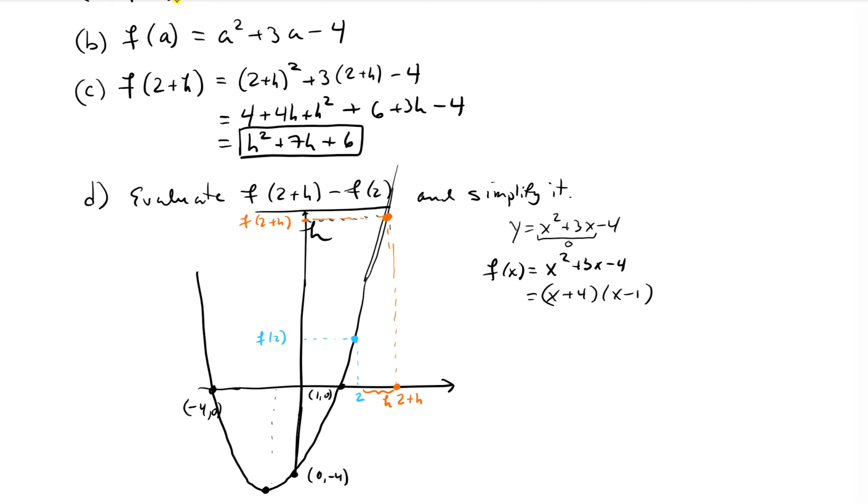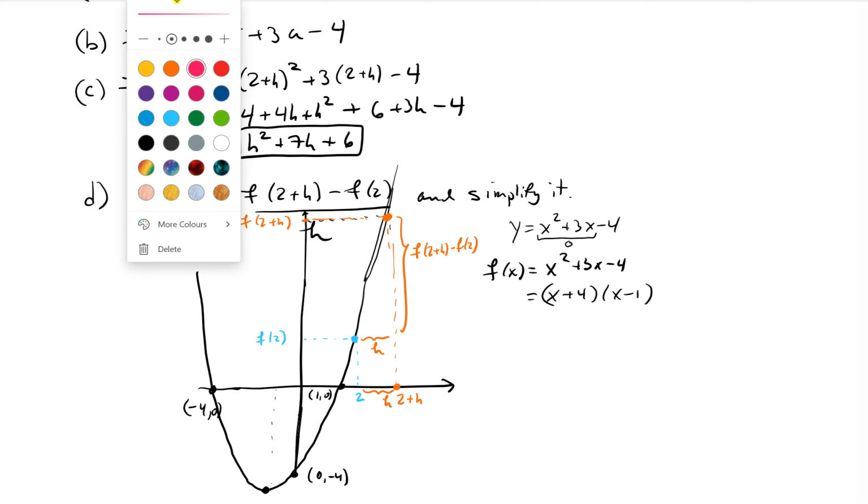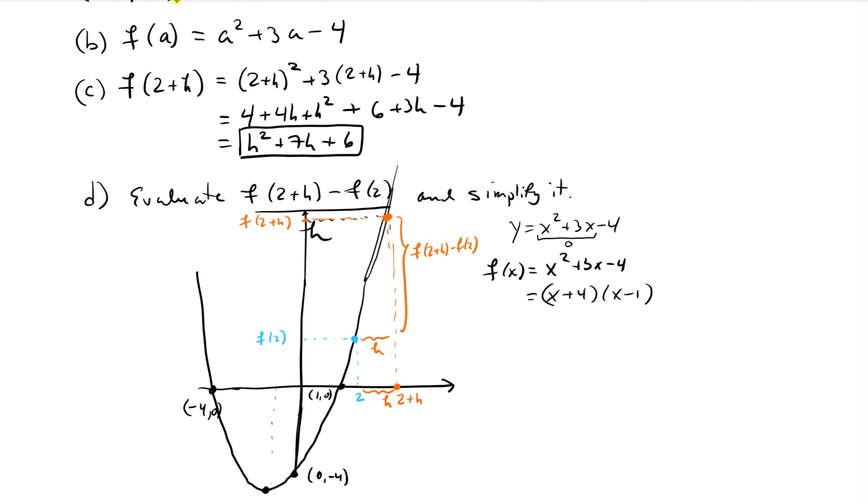What are we calculating here? f of 2 plus h minus f of 2. That's this difference here. What is h? h is this here. So if you take a quick look, by taking the ratio of these two, we're looking at the slope of this triangle.